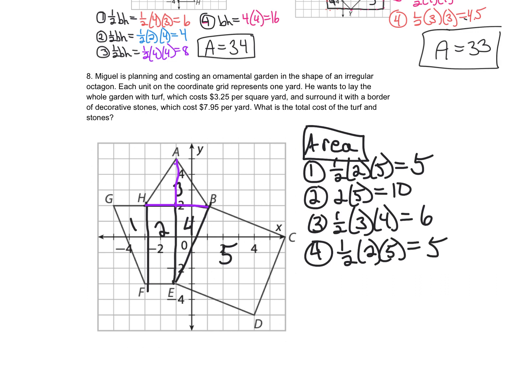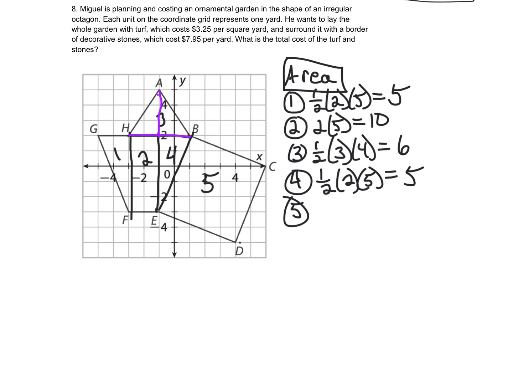And 5 is the only one that I don't have an actual length for, so I have to use the distance formula. Let's do it down here. 1, 2, 1, 2, 3, 4, 5. This one is 1, 2, 1, 2, 3, 4, 5. At least it's a square. So the distance of those sides are 5 squared plus 2 squared, which is the square root of 29, which is 5.4.